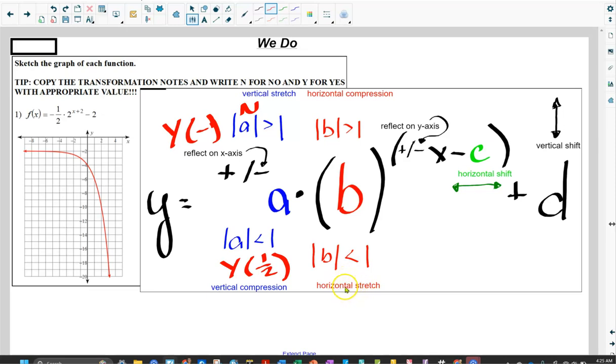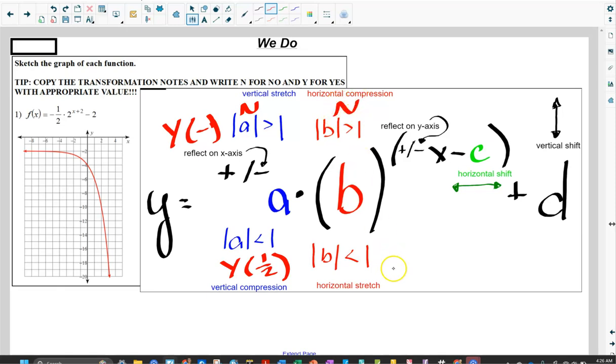So we're looking at B. It's a 2. This is the parent function we're dealing with. Pay attention to that part. If they compared this to another function with a 3 or 4, then you would compare it. But in this case, it's just standard. So pay attention to that part.